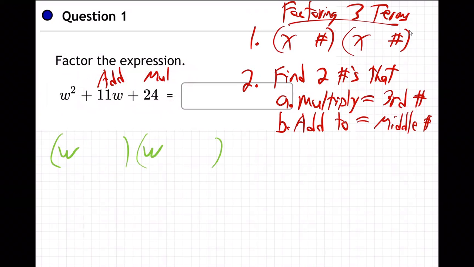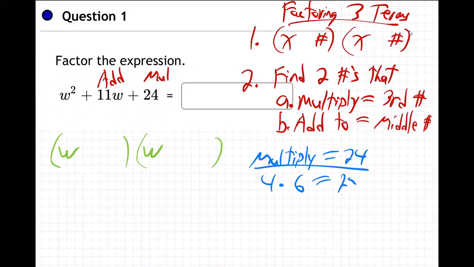Okay, so let's think about what that might be. What 2 numbers multiply to equal 24? Well, 4 times 6 is 24. What else? 2 times 12 is 24.